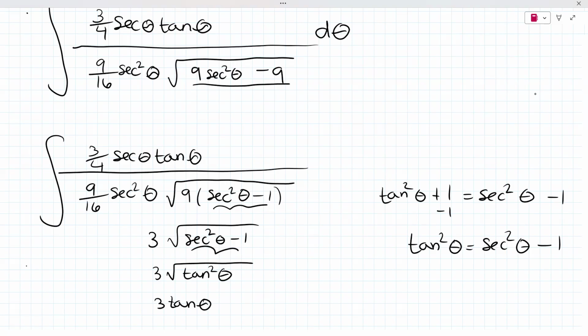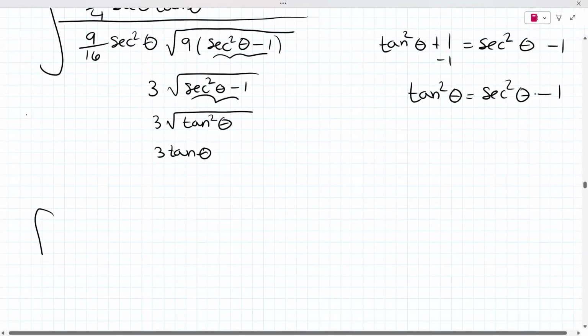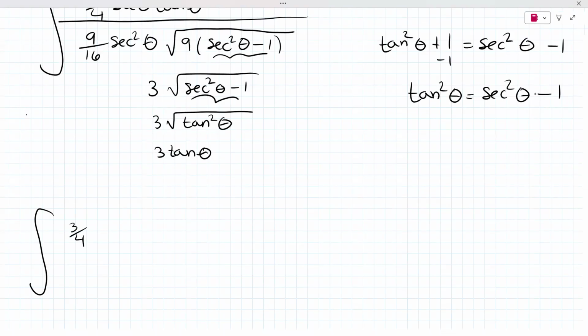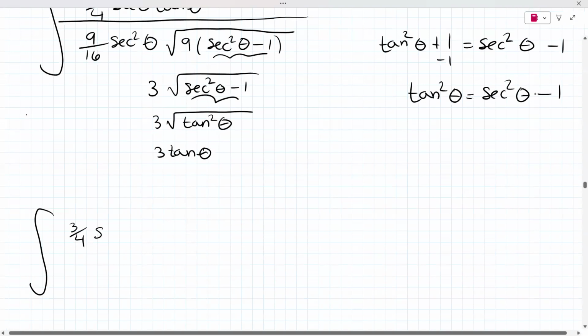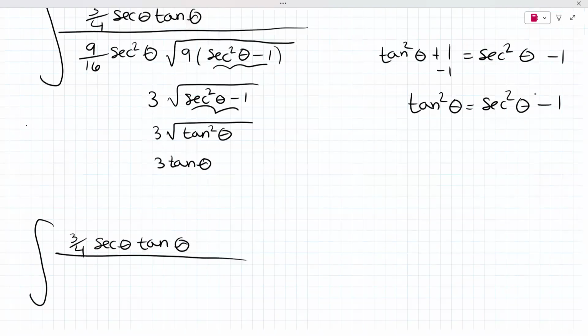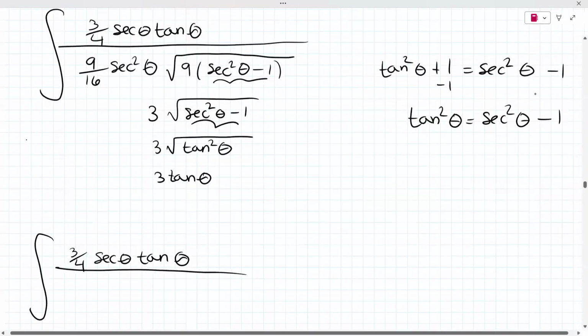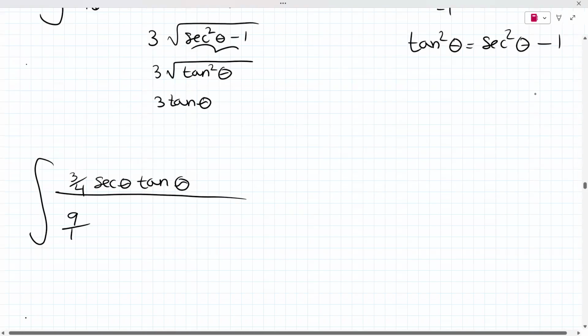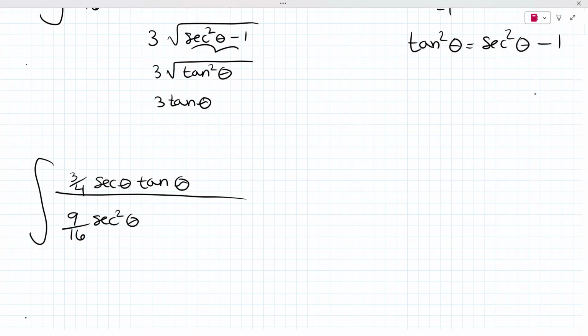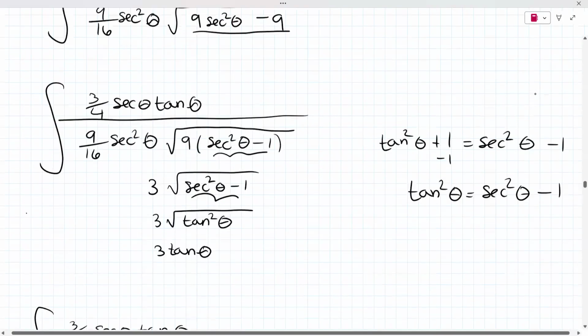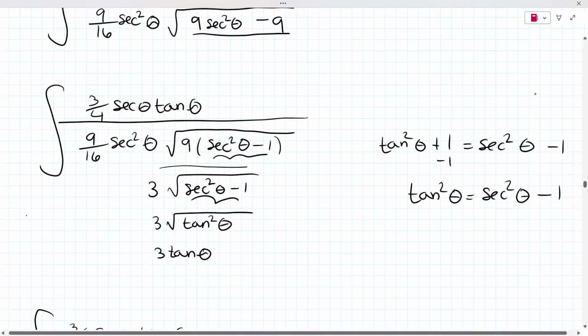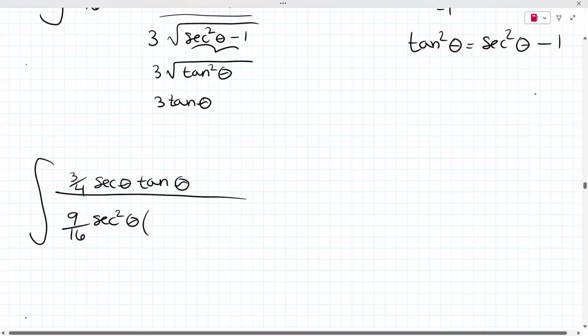Okay, so let's clean this up a bit. And then this whole thing now just becomes 3 tan theta.